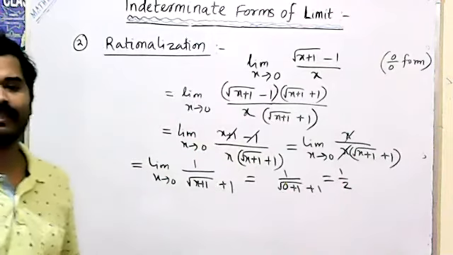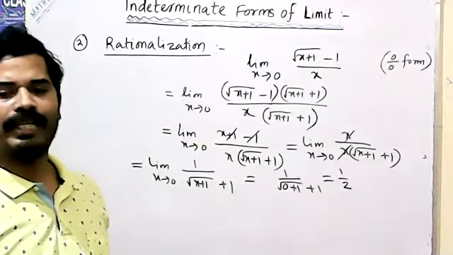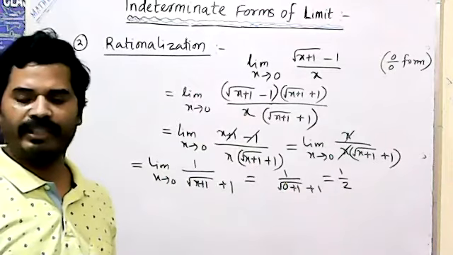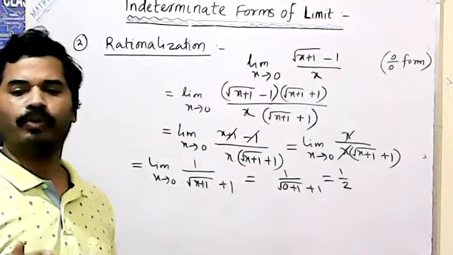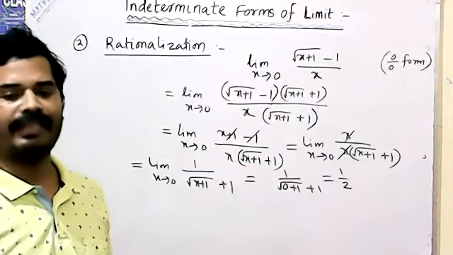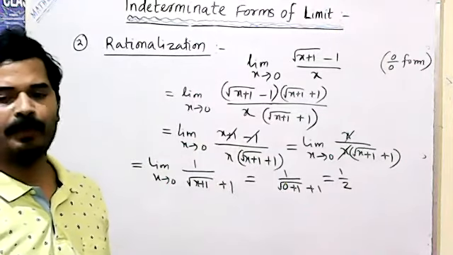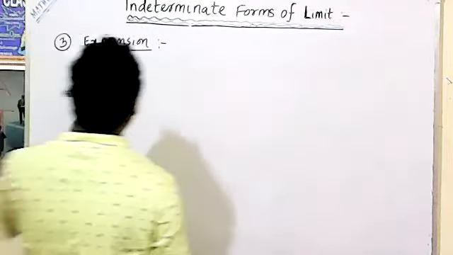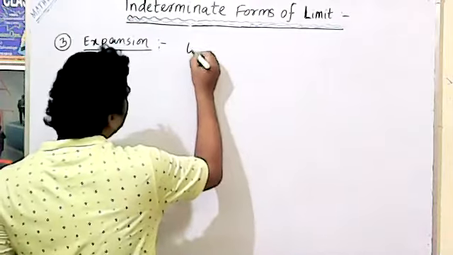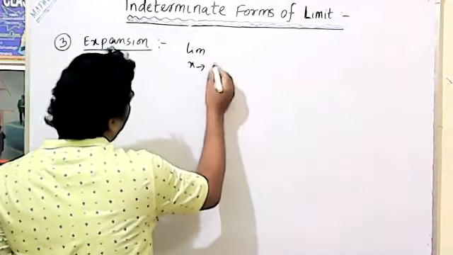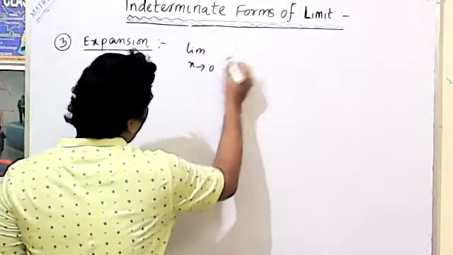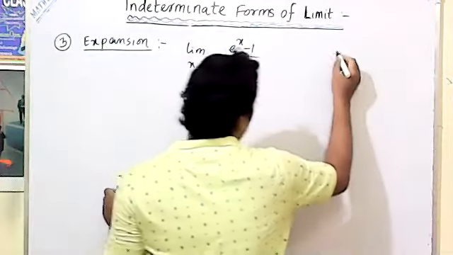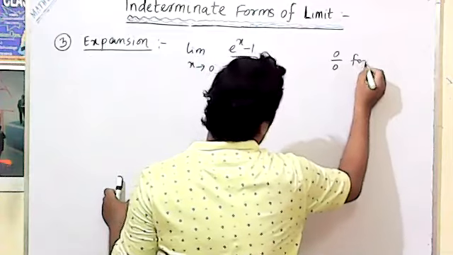Similarly, the expansion concept. If an expansion question or a similar type of indeterminate form is there, how do we do it using the expansion technique? Let's see what expansion is. You can say limit x tends to 0, e to the power x minus 1 by x, which is also a 0 by 0 form.